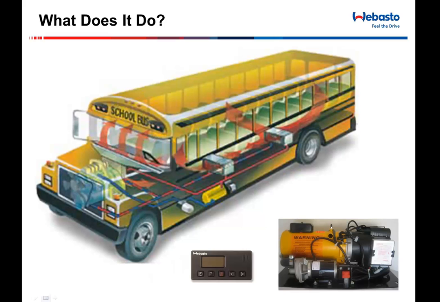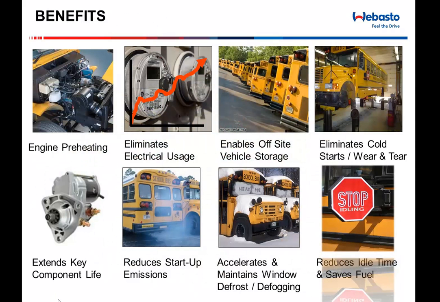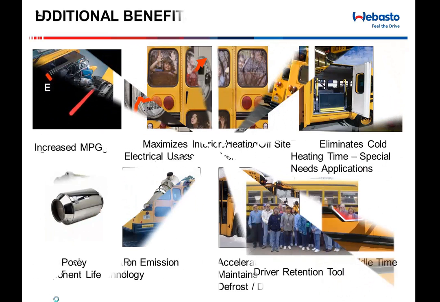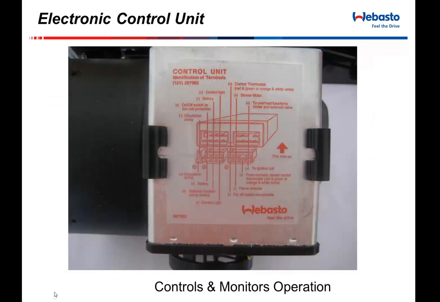Once you do that, we're not going to go through each individual benefit, but a whole bunch of good stuff starts happening, including a real positive effect on a lot of the emission devices such as DPFs that are out there. If anybody has questions or wants more detail, we can do that at the end of the presentation.